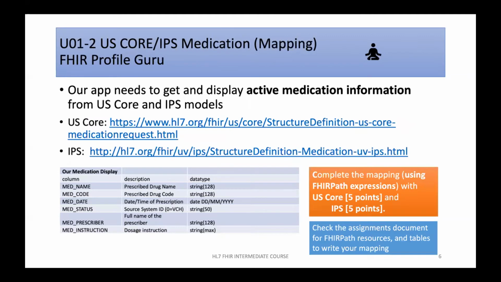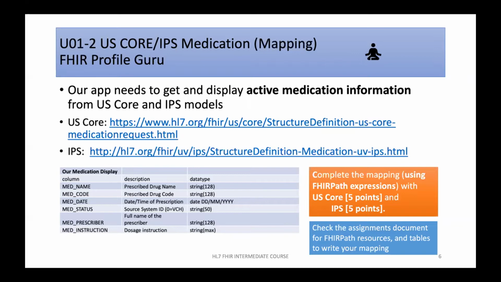The second one is a mapping assignment. Our sport apps need to get and display the active medication information for the athletes from the US Core and the IPS. And we have this modeling screen, only these 6 elements display.